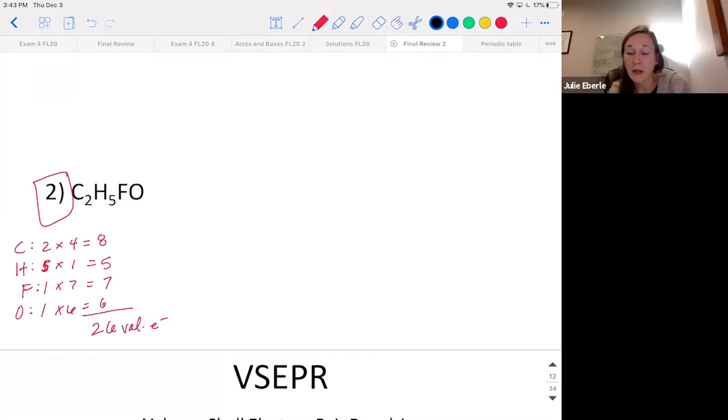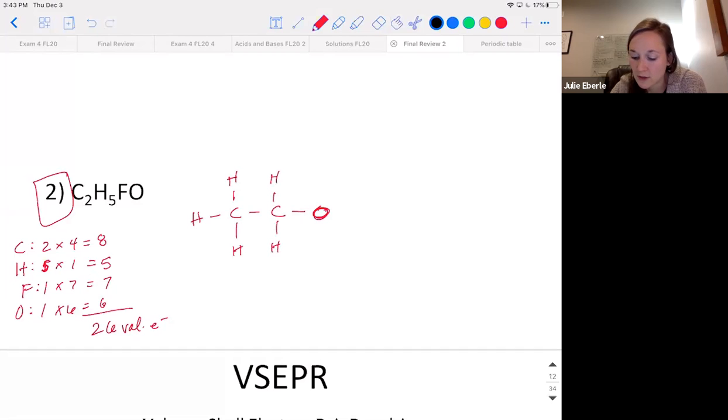Okay, now if you try to draw this out, you should remember that carbons and oxygens, any atom that can have more than 1 bond, so anything that's not hydrogen and is not a halogen, could be a central atom. So you're going to connect those. I'm going to just go ahead and connect these. Okay, now we'll just start putting all the hydrogens on. We know carbon should have 4 bonds.